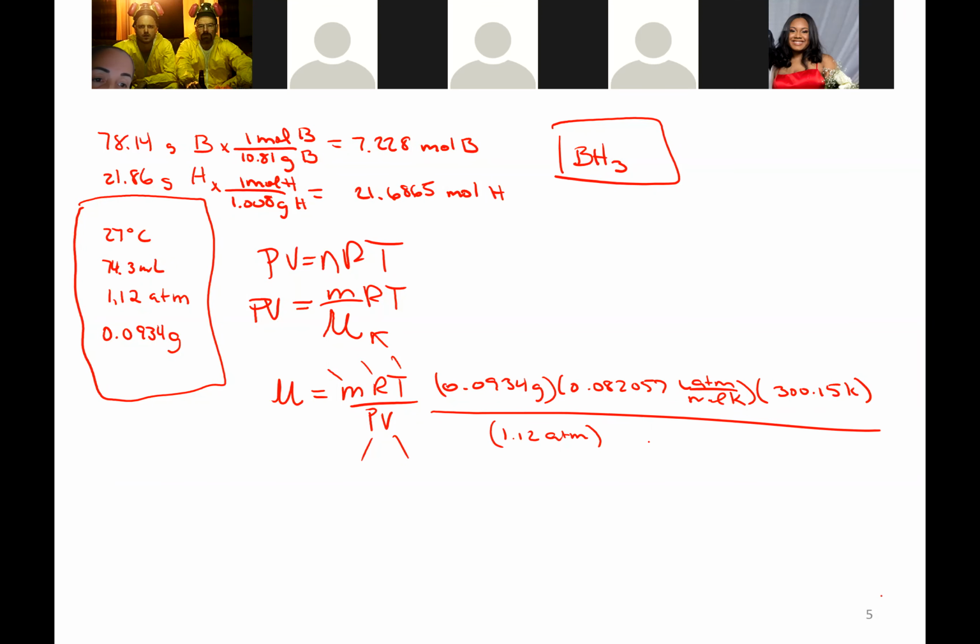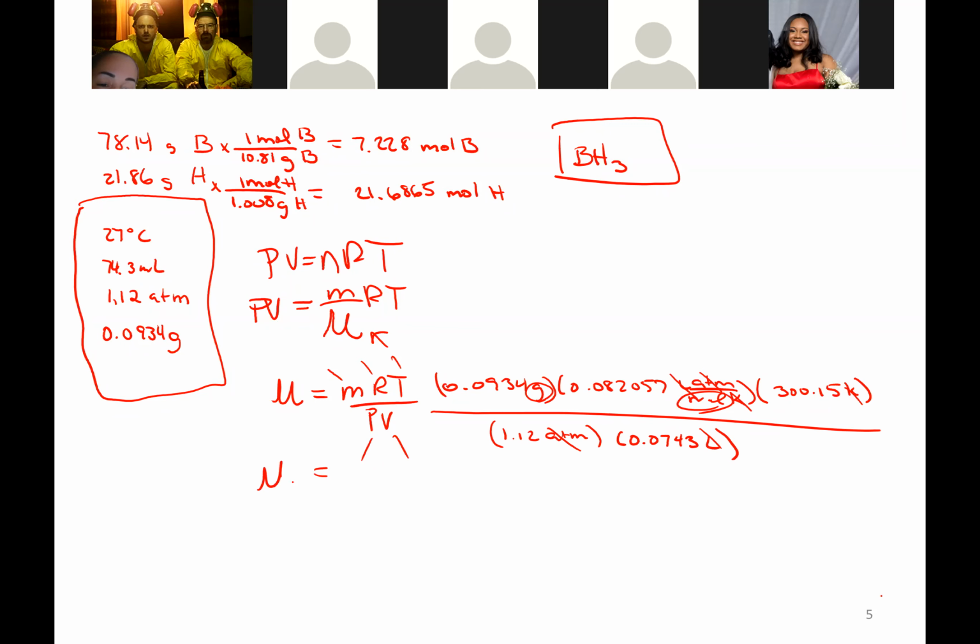And then volume, which is not milliliters, but liters: 0.0743 liters. Cancel all this out. Liters, atm, K, I'm left with grams over moles.